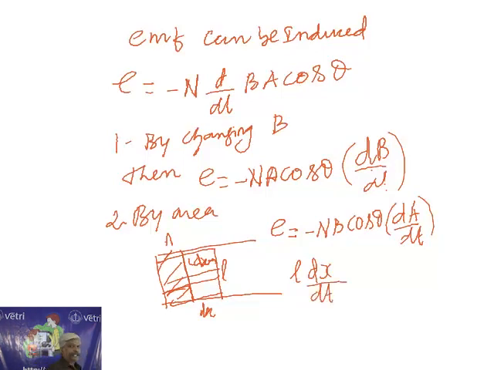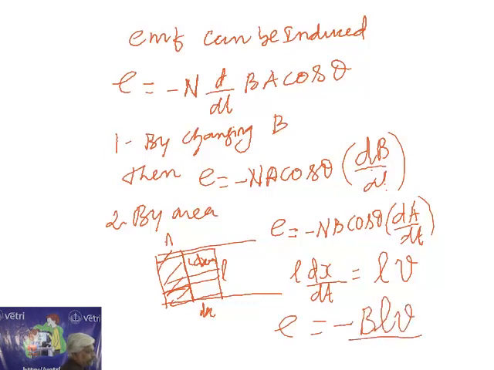We know dx by dt is nothing but velocity, that is L into v. Now n we are not having, cos theta becomes 1, change in area is L into v, substitute this, we get E is equal to minus BLV. So this is the EMF induced when you are changing the area.